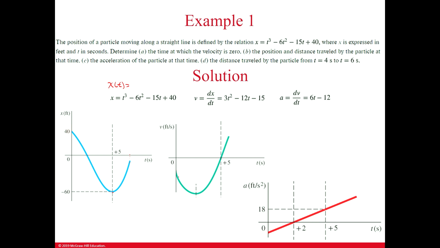But this function, if you plot it, will give you something like this. And right now, the velocity, which is right here, is 0 at 5 seconds. So you see how this graphic method is very useful, because we already solved the first problem: at what time is the velocity 0?